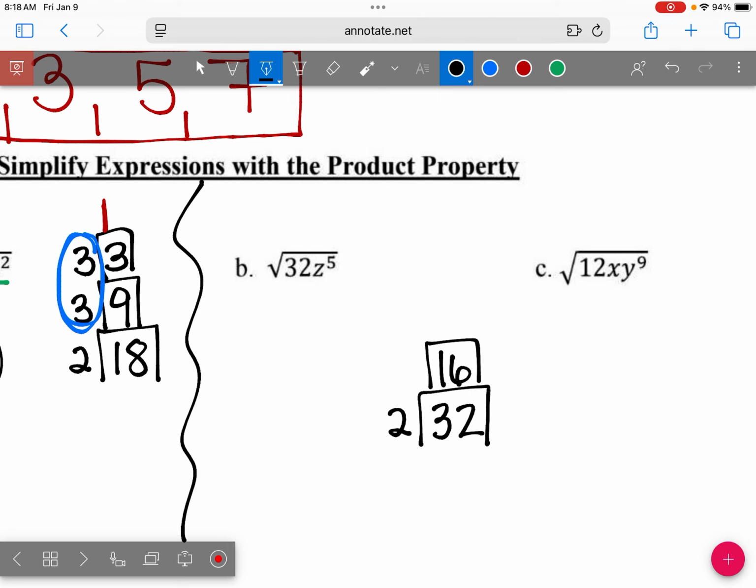So remember, when you build a cake, you're only using the numbers you see in that red box. So you can't build a cake with a 4. That's not a prime number.